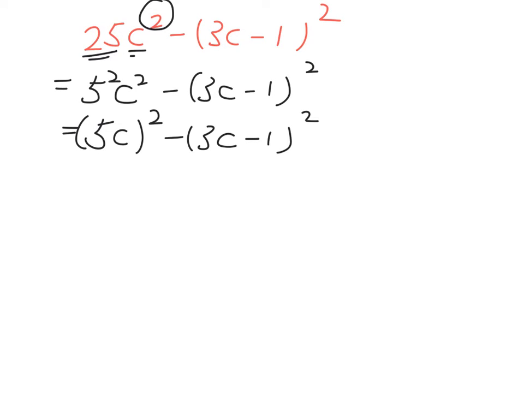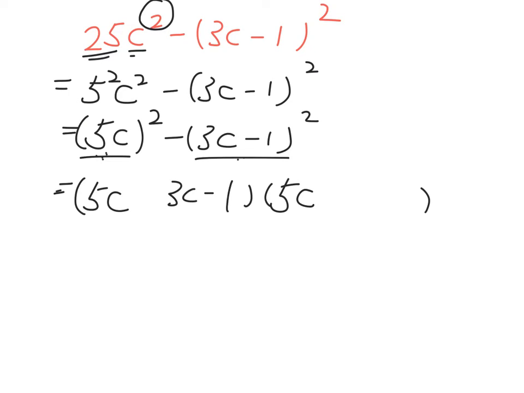Now, as a result, you find that it becomes square minus square again, okay? So we can use these two to perform the two factors. You find that it is the a squared minus b squared format. So a refers to 5c, and b refers to this one, 3c minus 1.